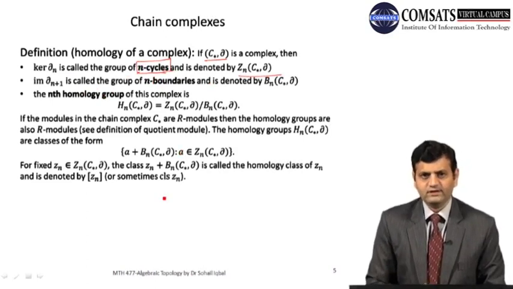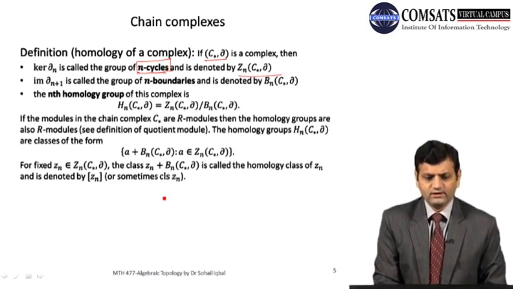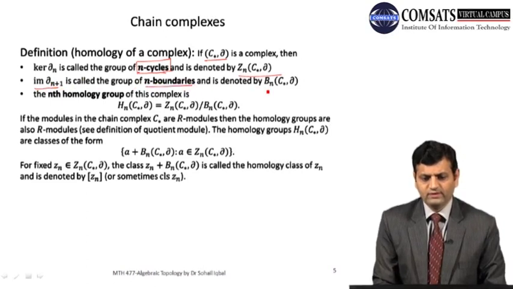Unfortunately we don't have time in this lecture to define this, but the references of the lecture notes will give you clear resources for reading these things. The image of partial n plus 1 is called the group of n boundaries and is denoted by Bn of C star partial. The nth homology of this complex is this quotient.